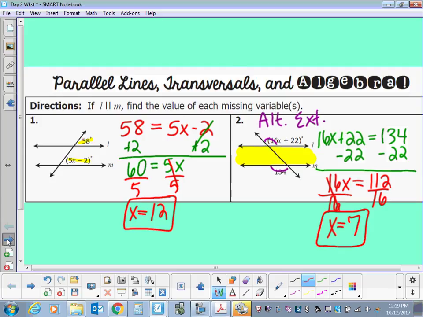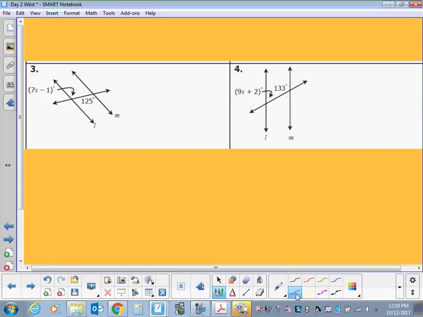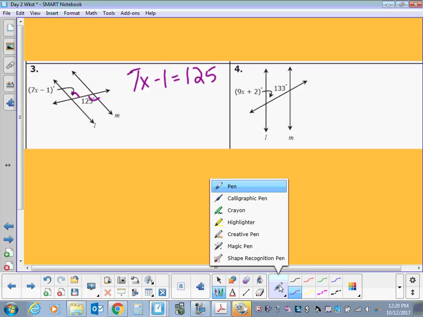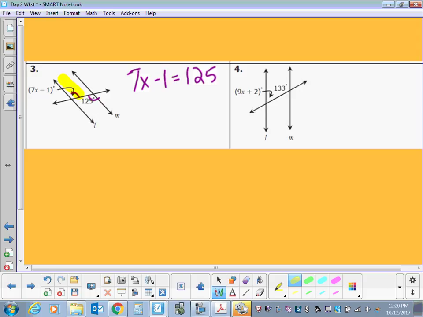All right, Charlie, number 3 is yours. What's my angle relationship? Okay, how do we know that? I highlight my interior. They're both in the interior, right?